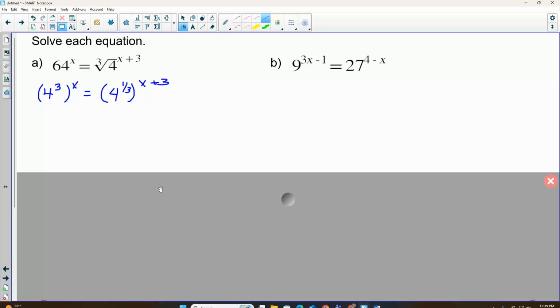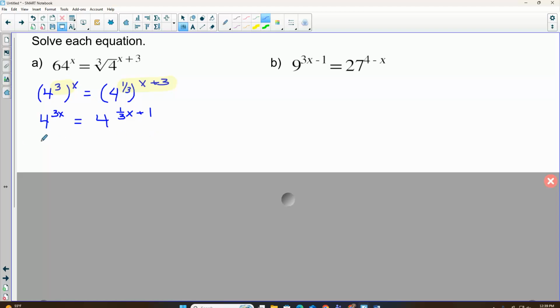Notice I put those in parentheses because when you have a power to a power, what do you have to do with those exponents? Yeah, multiply them out. So that's 4 to the 3x. Over here we distribute, so we get 4 to the 1/3 x plus 1.